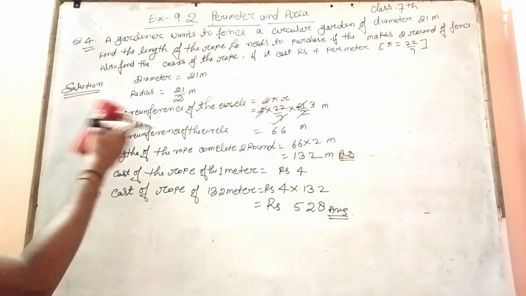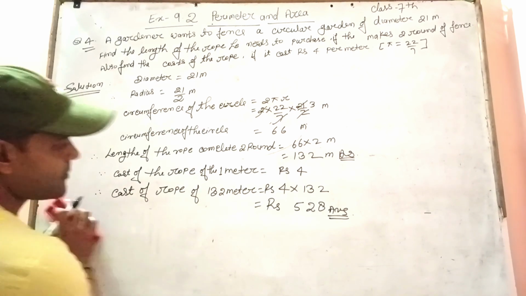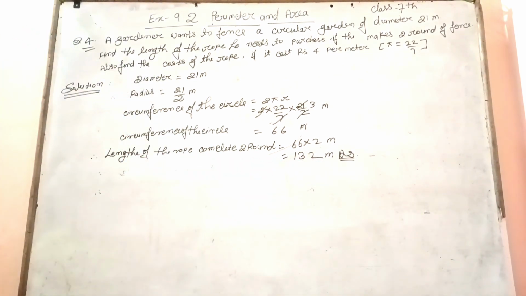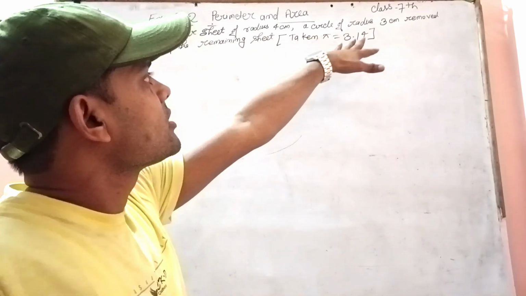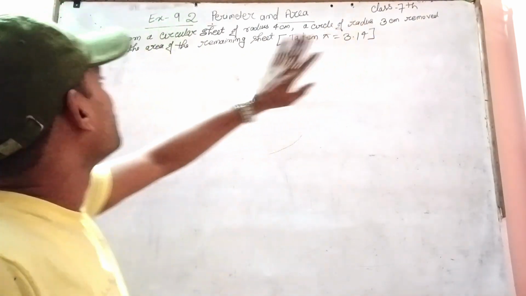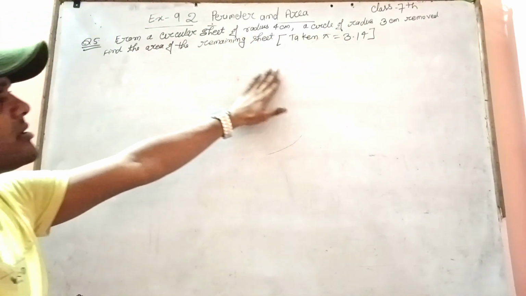Question number 5. Next question. From a circular sheet of radius 4 cm, a circle of radius 3 cm is removed. Find the area of the remaining sheet.